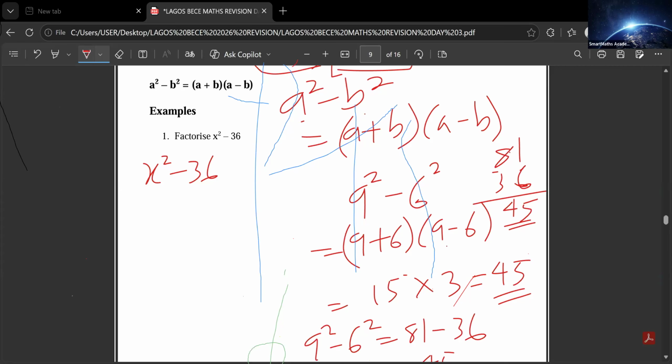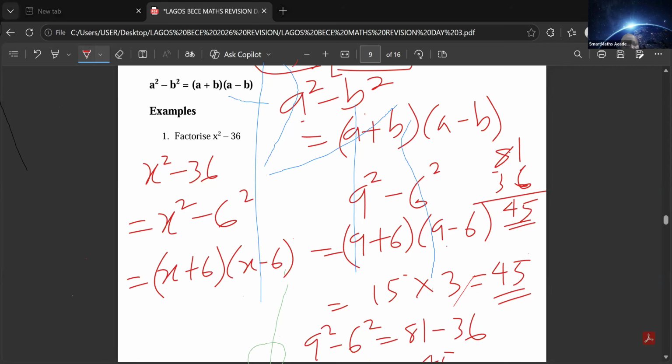So in this case, this 36 here, we change it to 6 squared. That will be x squared minus 6 squared. We now have a difference of 2 squares. So in this case, we have x plus 6 and then x minus 6. Is that clear to us?